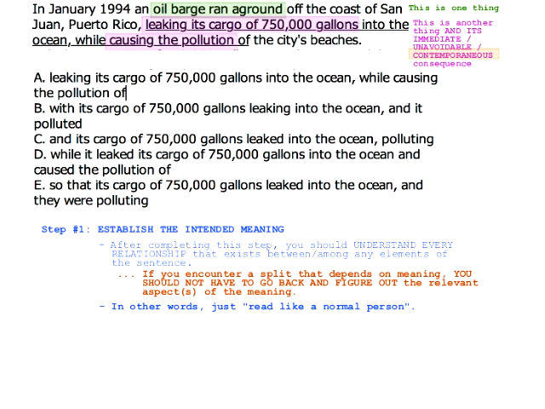Contemporaneous means... nobody knows. Coordinate. It means in the same time frame.